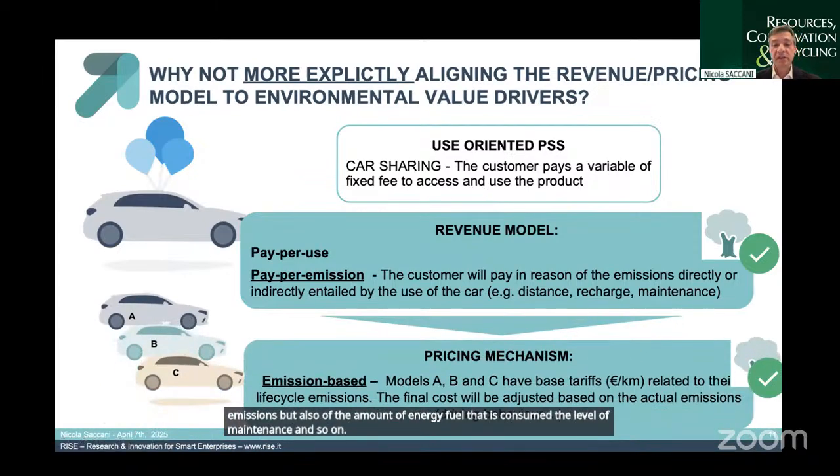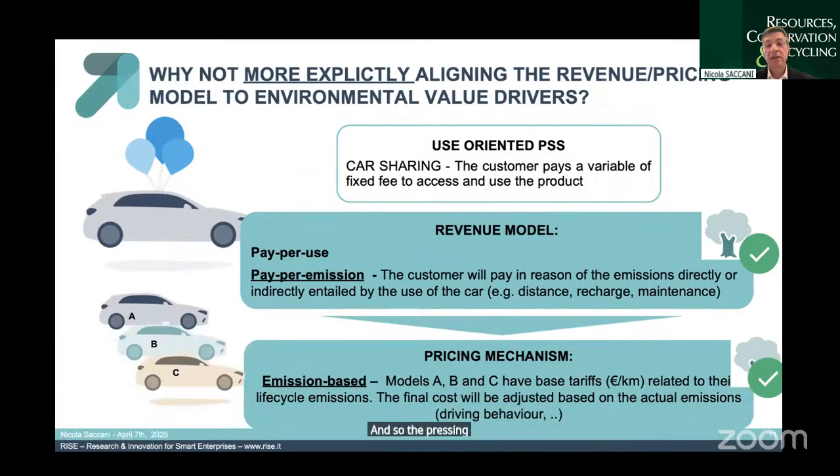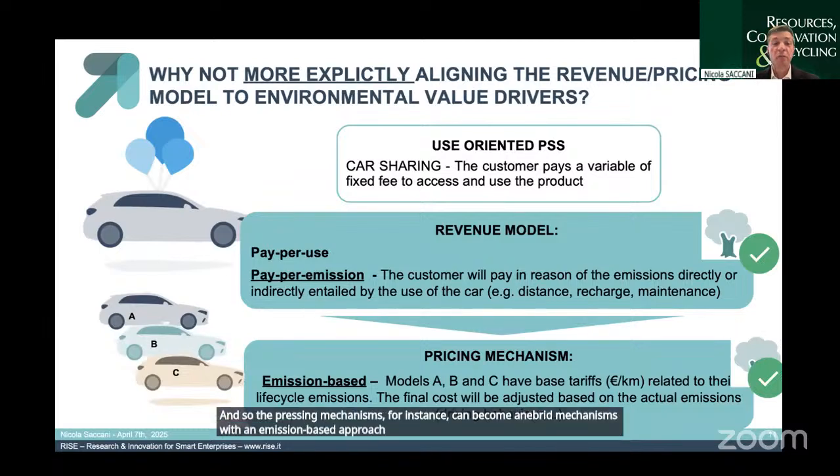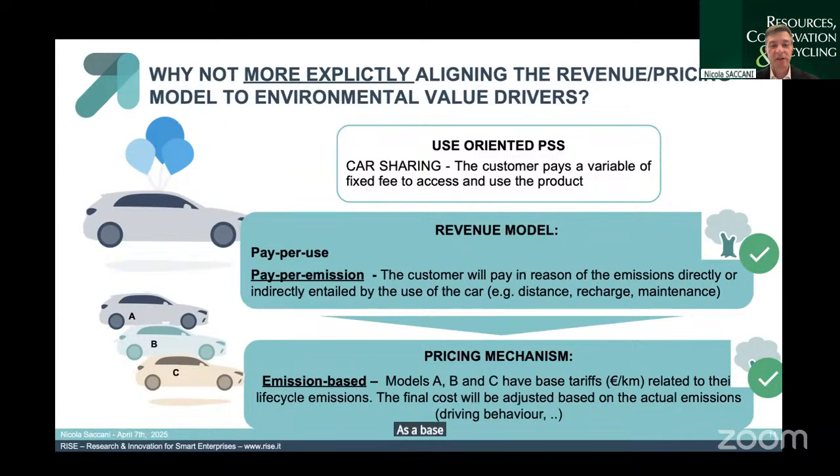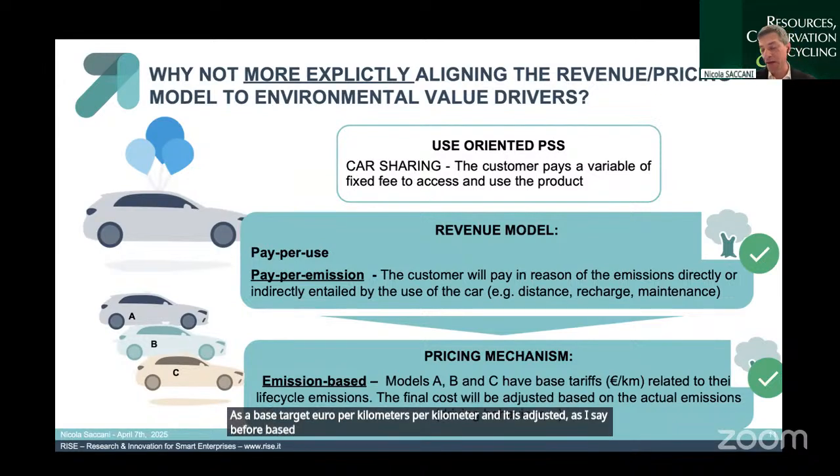And so the pricing mechanism, for instance, can become a hybrid mechanism with an emission-based approach, where different models of cars have a different base tariff in reason of their LCA, so the expected life cycle environmental impact, as a base tariff in euro per kilometer, and it is adjusted, as I said before, based on the driving behavior.